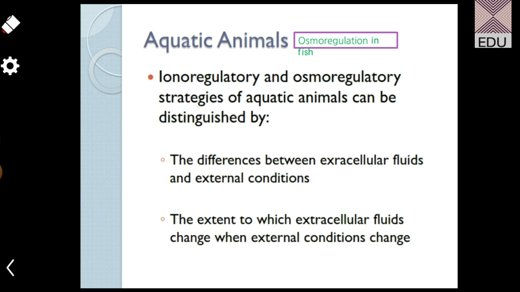Now the animal will try to leave that particular place. This is called the zone of not tolerance, the zone of avoidance. Here the animal will avoid that particular change. So this change is a very negative change for the animal.